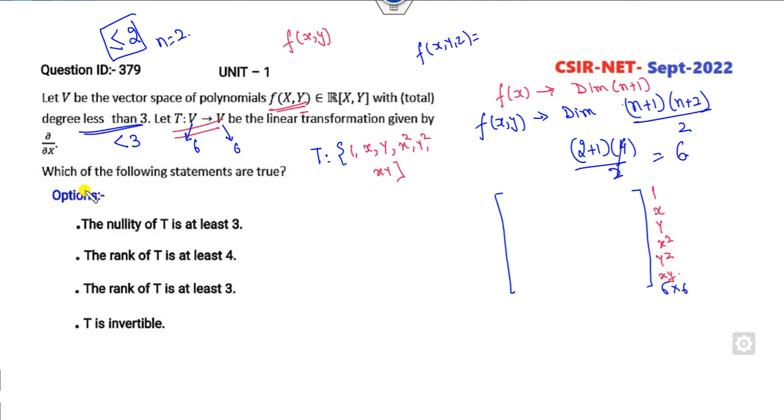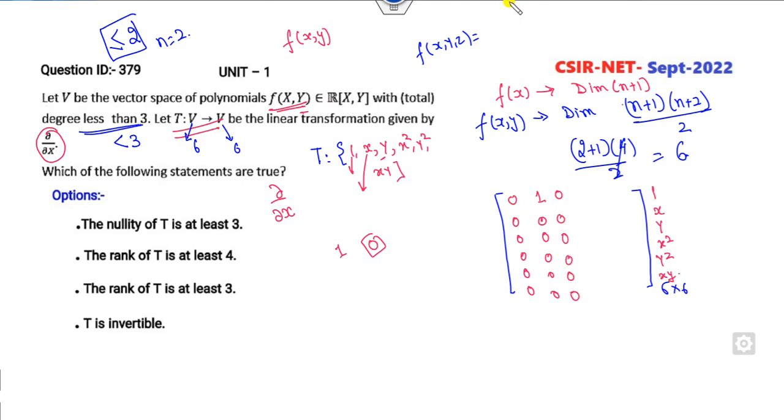Look at the first element, and the function is the partial derivative. If I take the first, the partial derivative is 0. That's a constant. The rest of the values are 0. Second element x, the partial derivative is 1, which is a constant. So corresponding to that line, I can write the rest of the values. y, the partial derivative will be 0, again a constant.